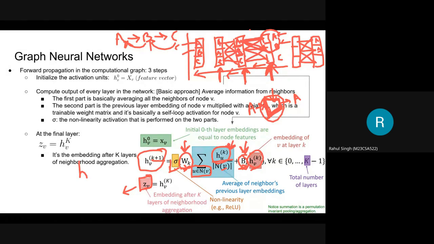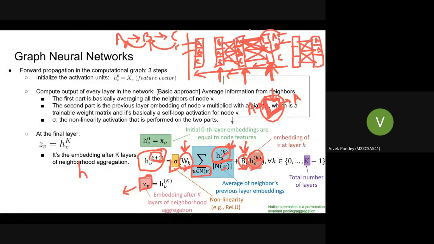B is connected to it, and then H_v is the current embeddings. This is also previous. Look at this, this is from the kth layer, and you're trying to find it for the k plus 1th layer. So both are from the same layer, which is the previous layer, and you're trying to find it for the current layer, which is k plus 1.